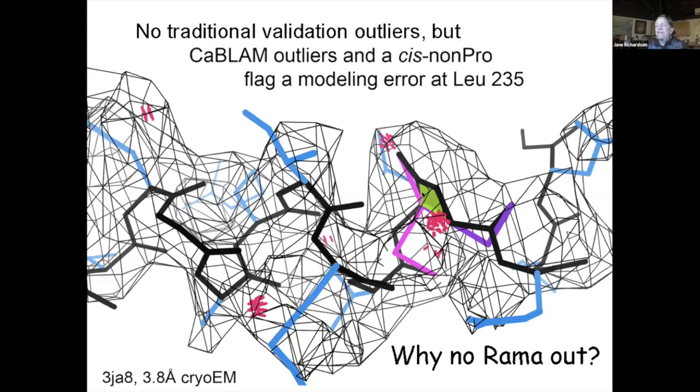And also, if you are used to looking at structures, you're going to think this looks pretty weird because it's in the middle of what looks like a very good alpha helix, but this peptide is pointing the wrong way. So this doesn't have a Ramachandran outlier.